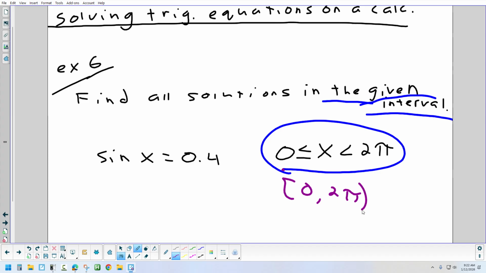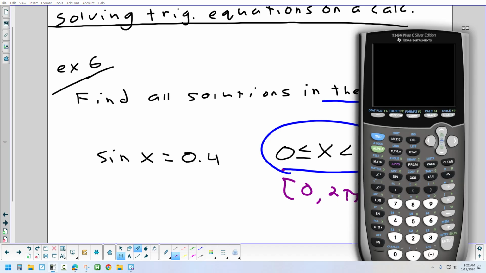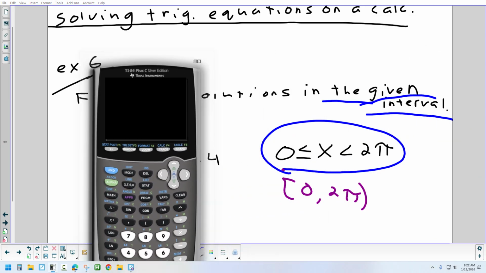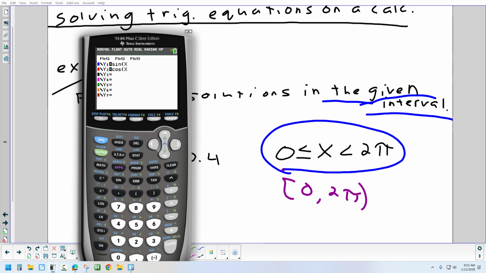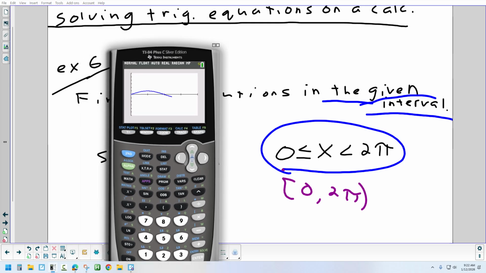The reason is when you are looking at your screen, if I put in something like, let's just do sine x, and let's graph from 0 to 2 pi. Why wouldn't I include both edges of the screen? Why is one included and one is not?